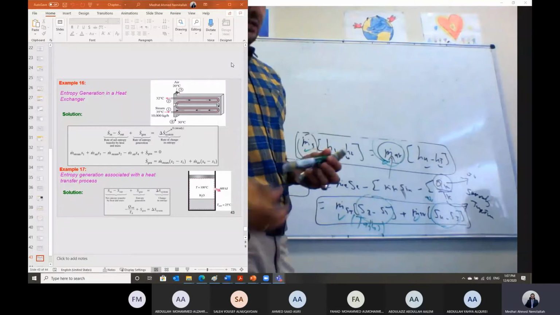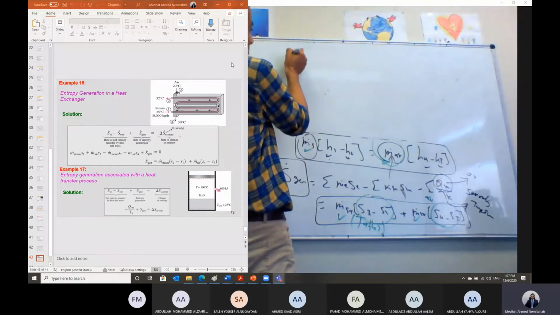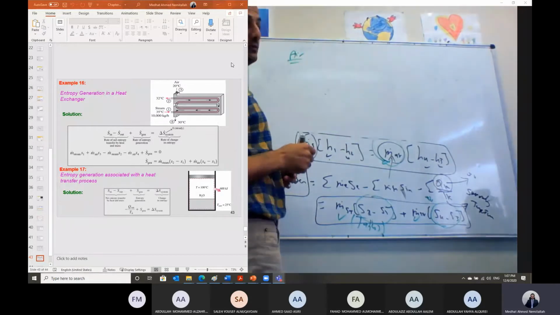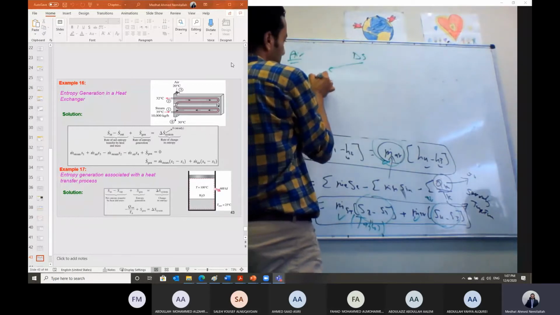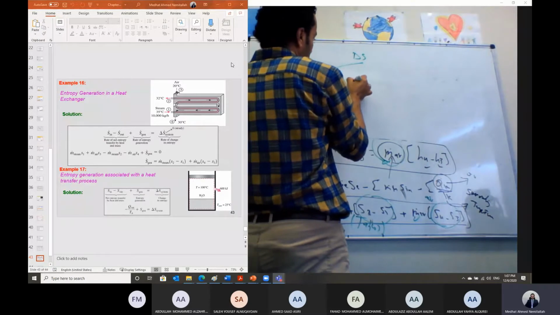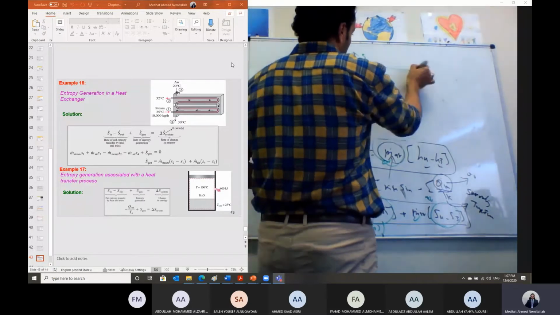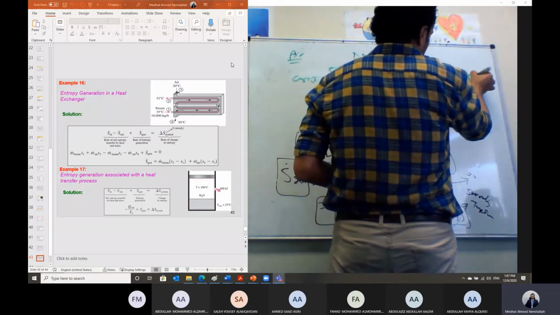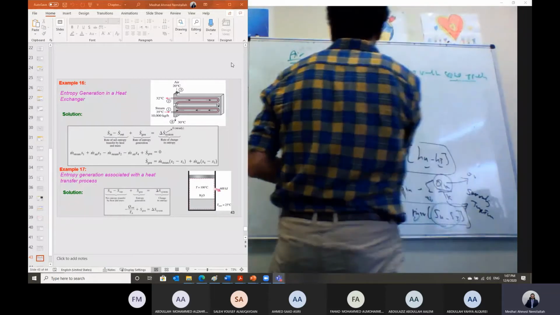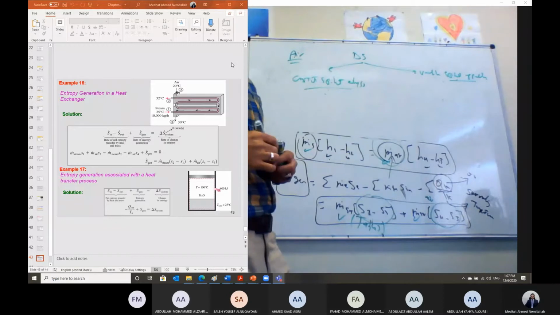So delta S, when the working fluid is air, has the constant specific heat approach and the variable specific heat approach. Inshallah, in the exam, I will tell you which approach you have to follow.